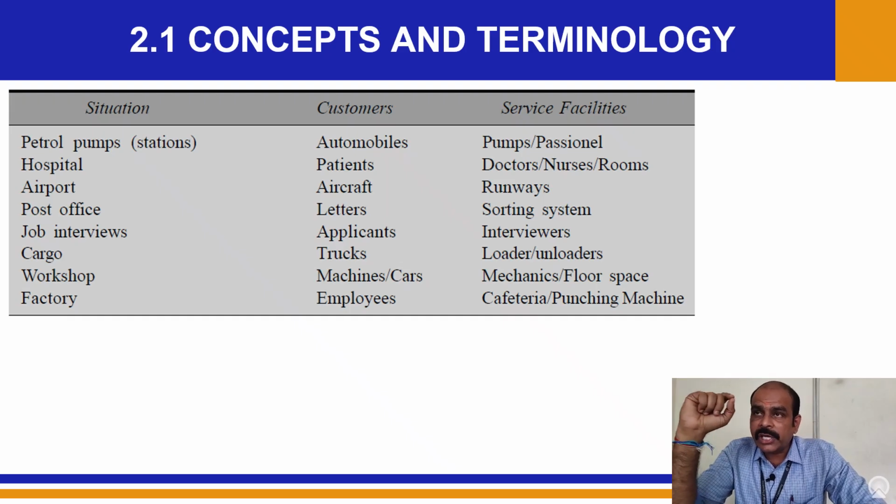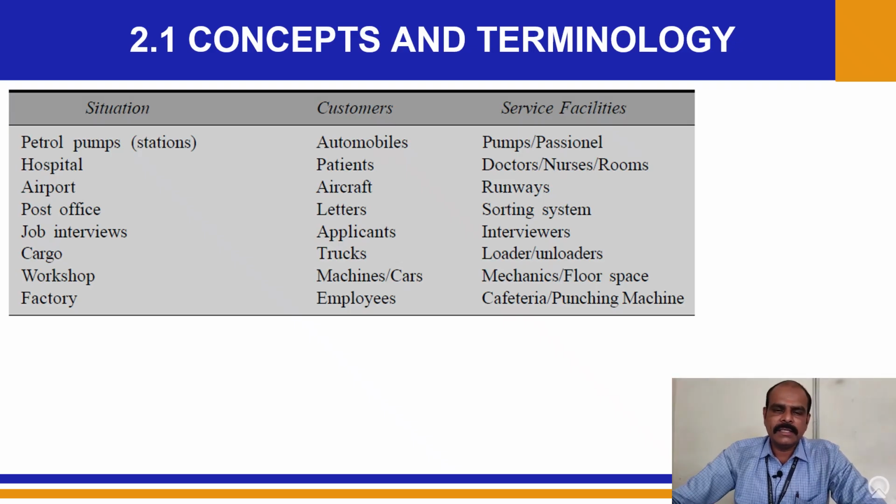So this is where we need to know what is the ultimate service by which the system can completely close the loop. So, runway. Post office is sorting and then it goes to us. Job interviews, some particular order will be there. Then cargo, which is none other than our warehousing automation case.